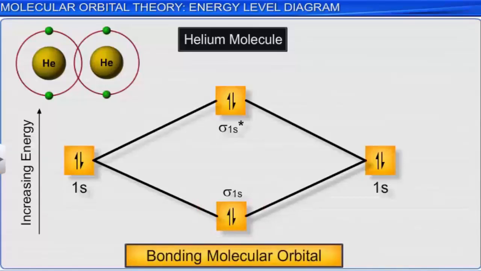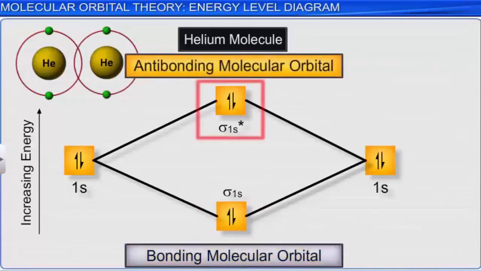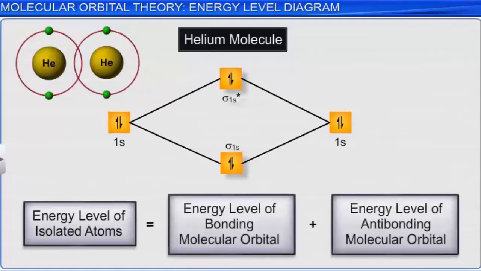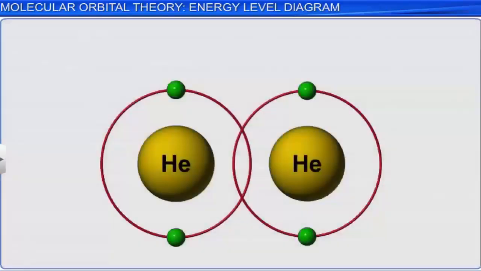However, the energy of the sigma star anti-bonding molecular orbital will be considerably higher. Thus, the overall energy of a helium diatomic molecule will be the same as that of 2 helium atoms. So, there will be nothing holding them together. Hence, the helium diatomic molecule does not exist.